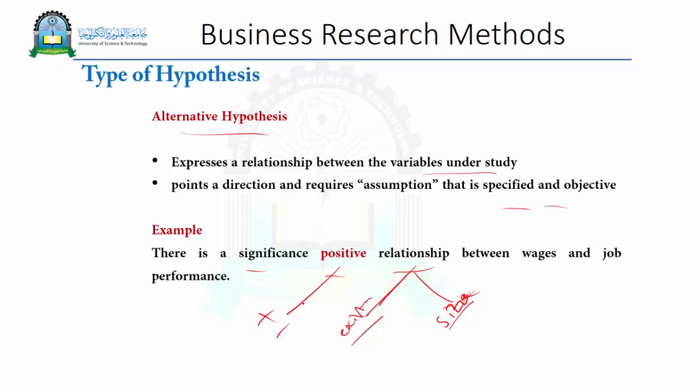Here we assumed that there is a significant positive relationship. That means when the wages increase, the job satisfaction increases. This is our proposal or proposition, or what we call the hypothesis. So we test this after we collect the data and analyze this data.